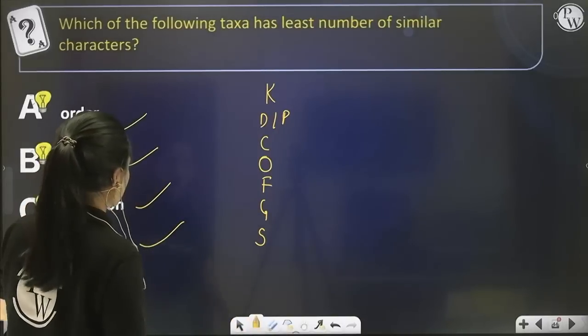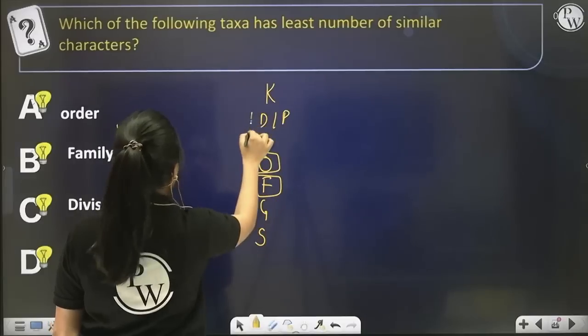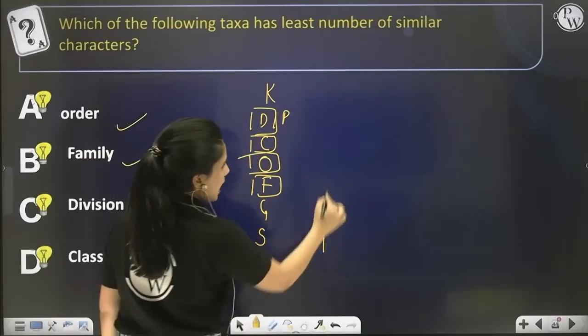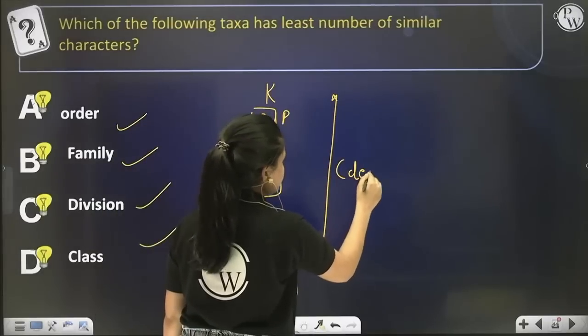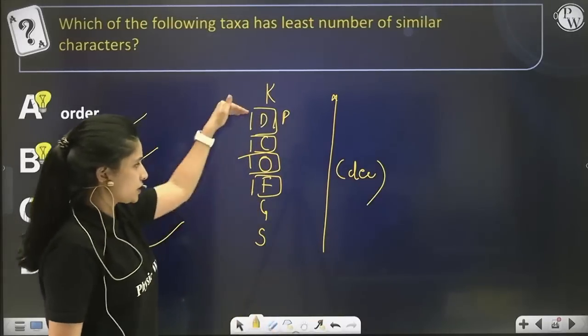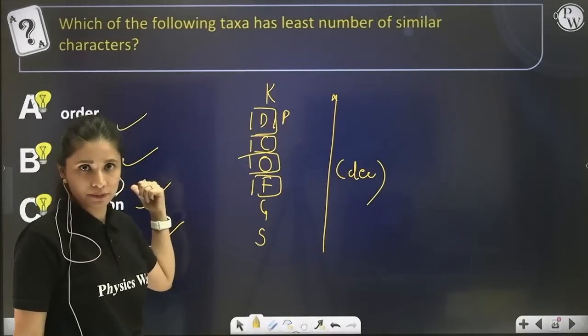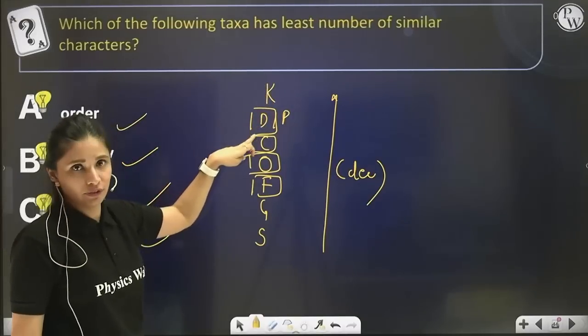In your options, it is order, family, division, and class. As you go high in the series, similarity decreases. So, which is the topmost category? Division, according to the options given. Otherwise, kingdom is the topmost, then division.